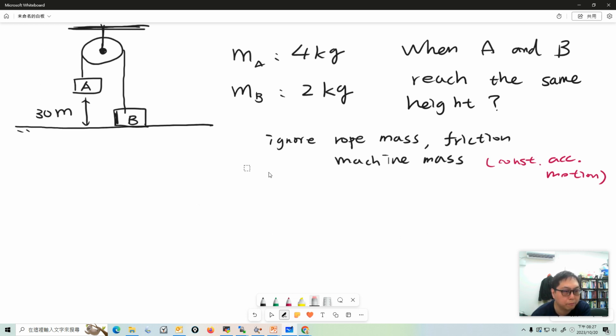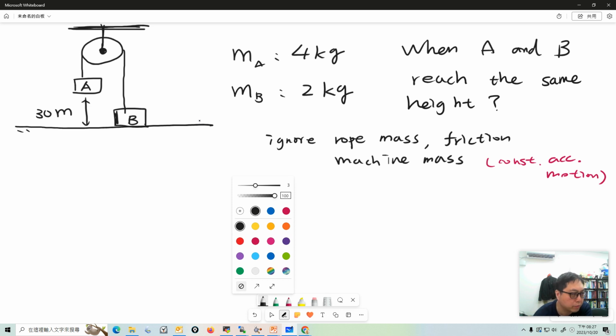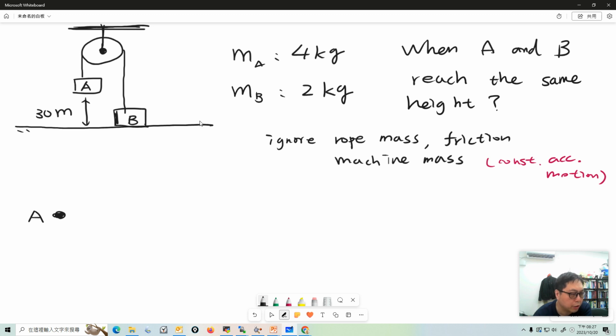For this problem, we have to draw the force diagram on each object, so we analyze the forces on A and B. Let's start from A and treat A as a point. A is subject to the gravitational force, which is m_A times the acceleration of gravity, m_A g, and it feels the tension from the rope.